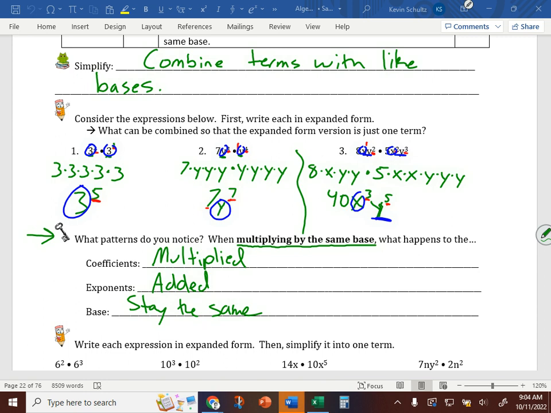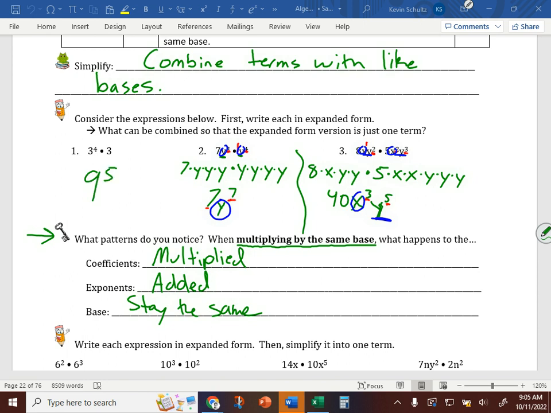Okay? The most common error that people make with this rule actually happens with the bases. And it's a question such as this where your base is a number. Can you guess what the most common incorrect answer this would be, Andrea? For the 3 to the 4th times 3? 9 to the 5th.